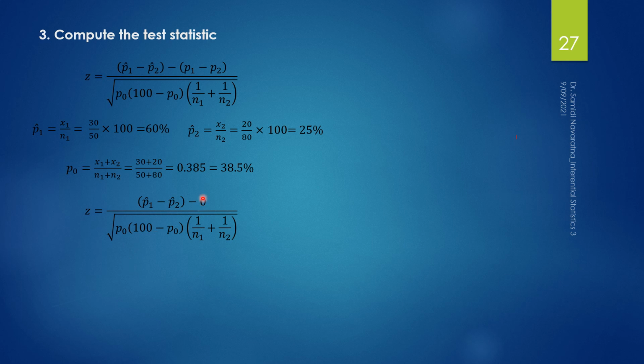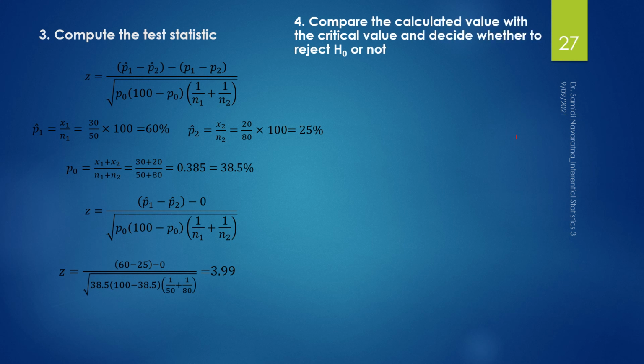One more thing is that according to the null hypothesis, we have stated that P1 is equal to P2. Therefore, P1 minus P2 will become 0. The calculated Z score is 3.99.